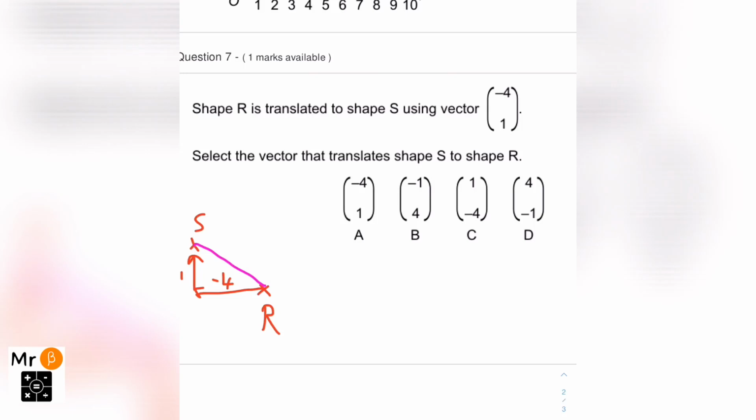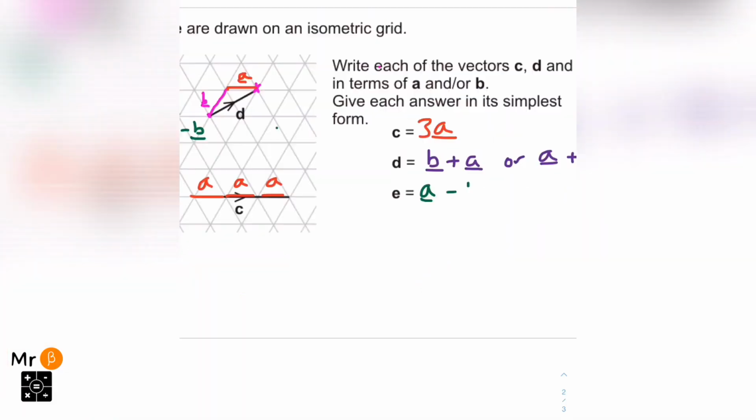Well, if I wanted to reverse this, I would need to go 4 to the right and 1 down. So therefore my vector would be 4, minus 1. So my answer would be D. A little bit of a hint or a bit of a cheat to use is actually you'll notice that the signs have just swapped over.